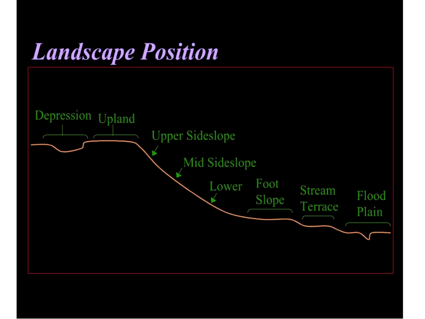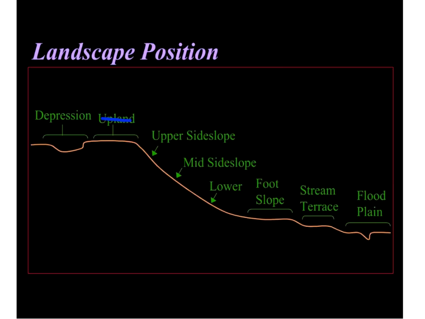Well, when one looks at the position for a drain field, obviously the depression at the top there is out. This upland position here is often dangerous because you might get seepage coming from here across underneath.